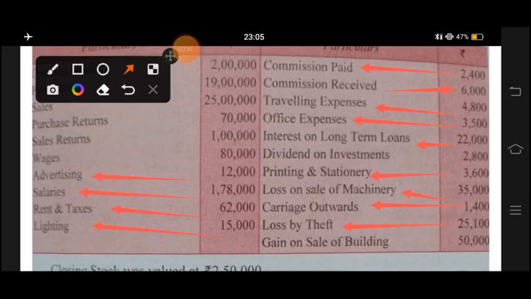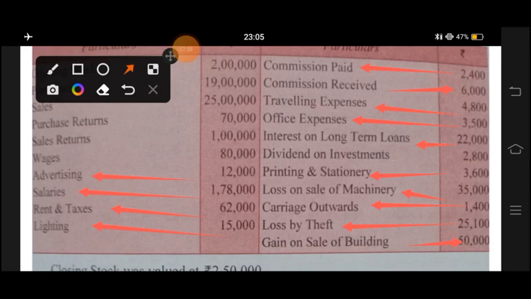And later on, when we talk about the gain on sale, it will be a profit and should be recorded in the credit side of profit and loss account. So as you can see, if the arrow moves leftward, it means it should be written in the left side of the page, that is in the debit content of profit and loss account.